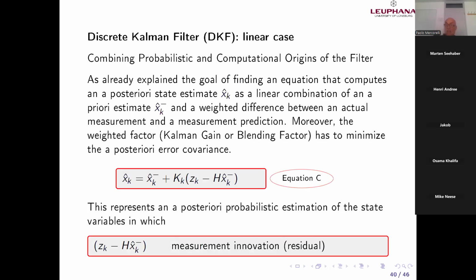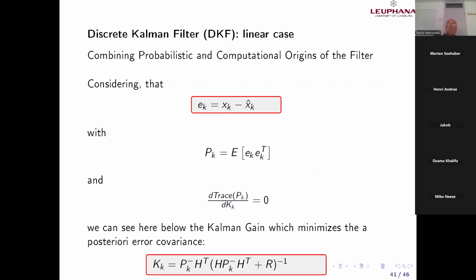This is the equation C, which is presented, but the equations D and E will come directly from calculating analytically the derivative of the trace of PK with respect to KK.